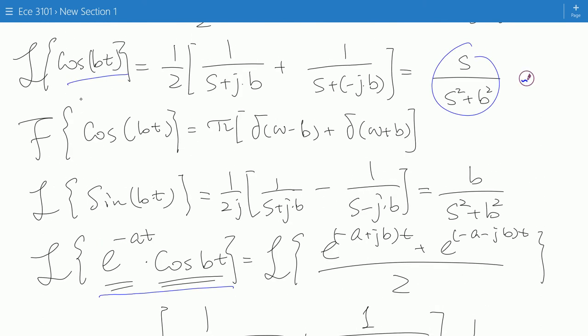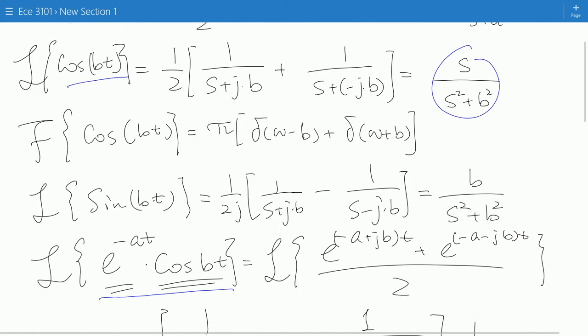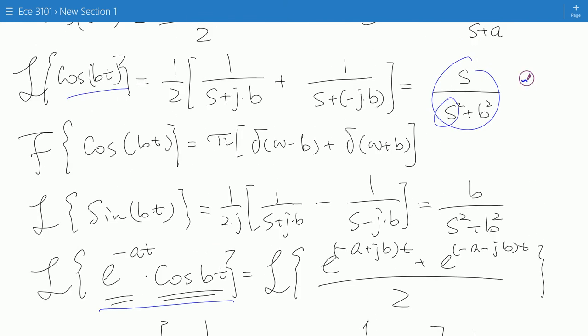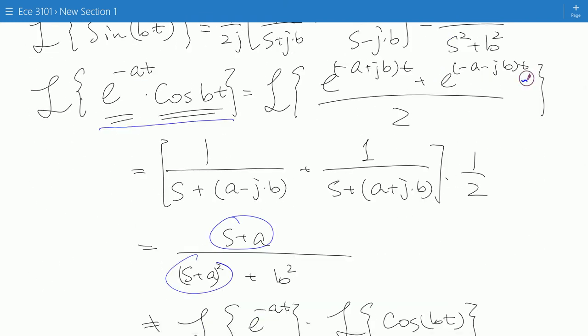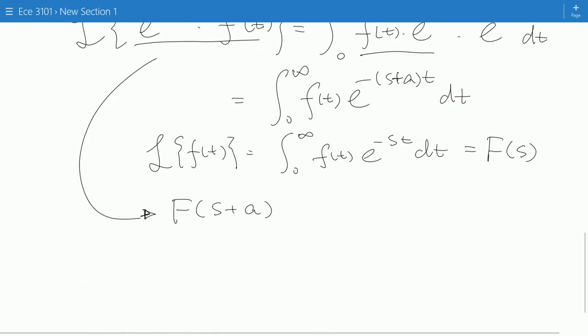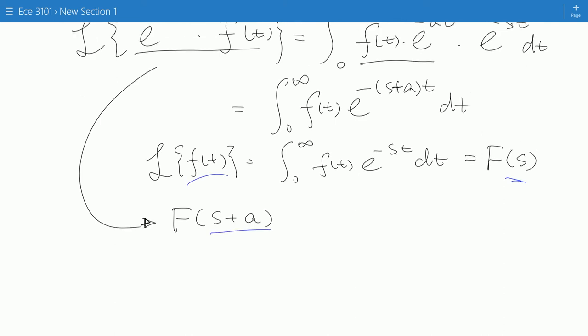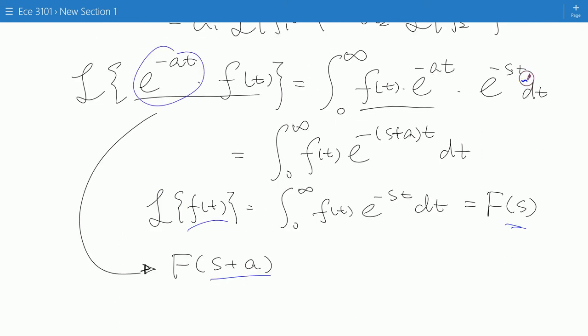The numerator s is replaced by s plus a. In the denominator, s squared is replaced by s plus a squared. So the substitution works perfectly. F(s) is replaced by F(s plus a), for this exponentially discounted function.